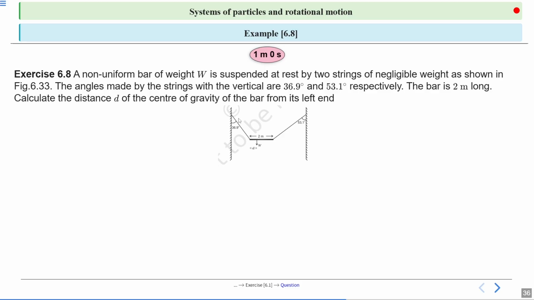Please solve this question. You have some time to think about it. Let's see the solution of this question.